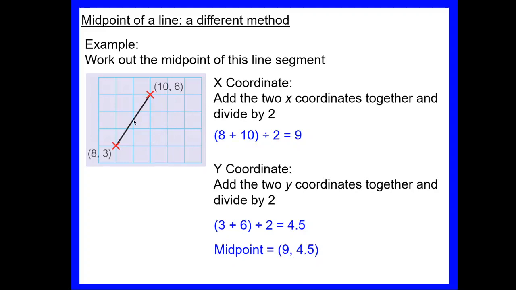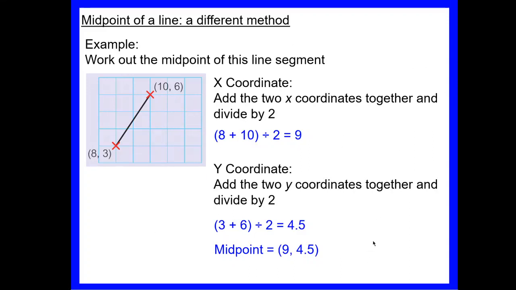So that's about here. Okay, so if this square is under 8, this is 9, this is 10. So we're at 9 this way. And going up, this is 3, 4, 5, 6, and we can see we're halfway through. So we don't actually need the full grid. We don't even need the diagram. We should just be able to use the coordinates and find the midpoint using this method.